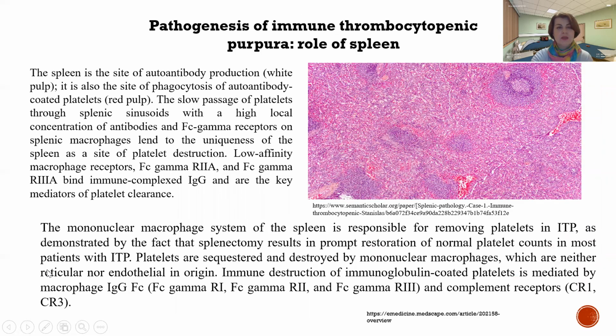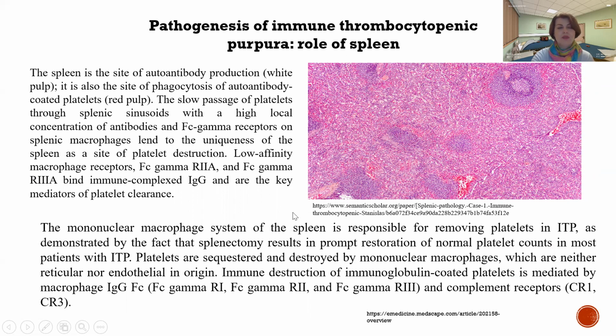The spleen, the site of autoantibody production, is also the site of phagocytosis of autoantibody-coated platelets in the red pulp. The slow passage of platelets through the splenic sinusoid with a high focal concentration of autoantibodies and gamma receptors of splenic macrophages lends to the uniqueness of the spleen as the site of the platelet destruction.